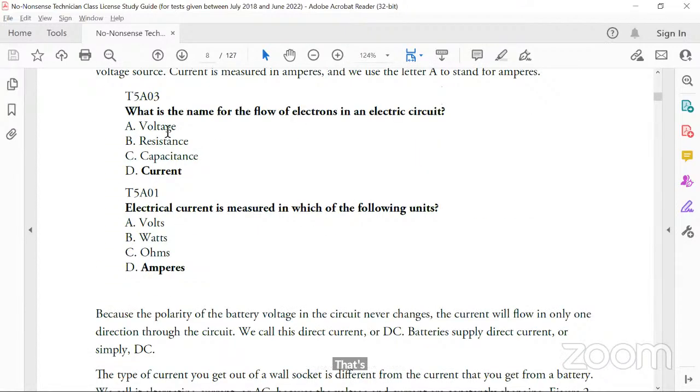What is the name of the flow of electrons in an electric circuit? And we learned that just like in a river, just like on the beach, when you have current, current is the flow. So the answer to this question is current.